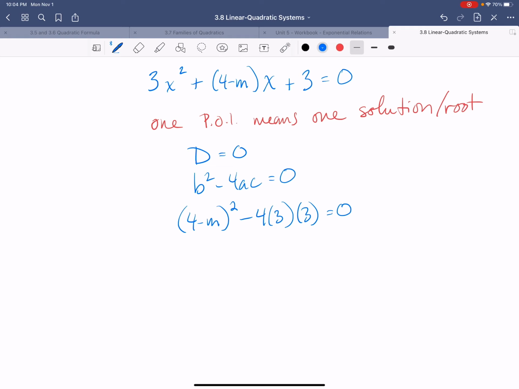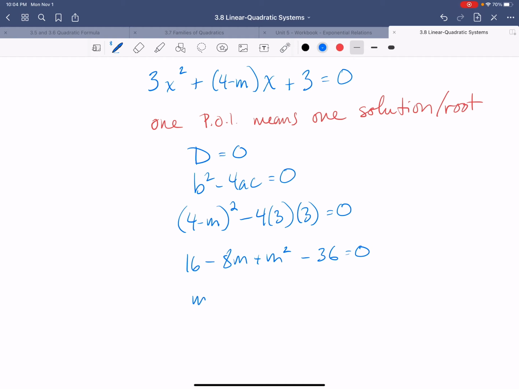So remember a binomial squared: you square the first term, minus 2 times the two terms, so 8m, plus m squared. Now, you could always just do 4 minus m times 4 minus m to get the same answer. And this will be 36.